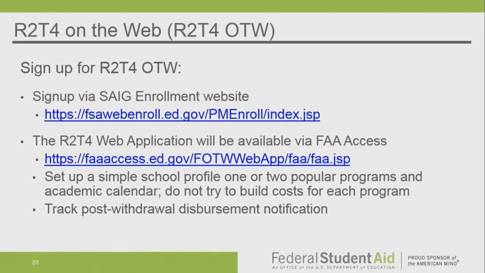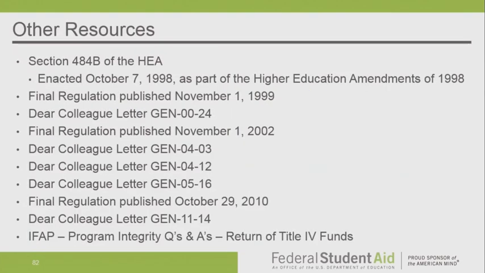You have to enroll in SAIG to get the FAA Access to CPS Online access there, and then once you're able to get into it, you can go and find the link to the web application, and it's there for you. Great tool.